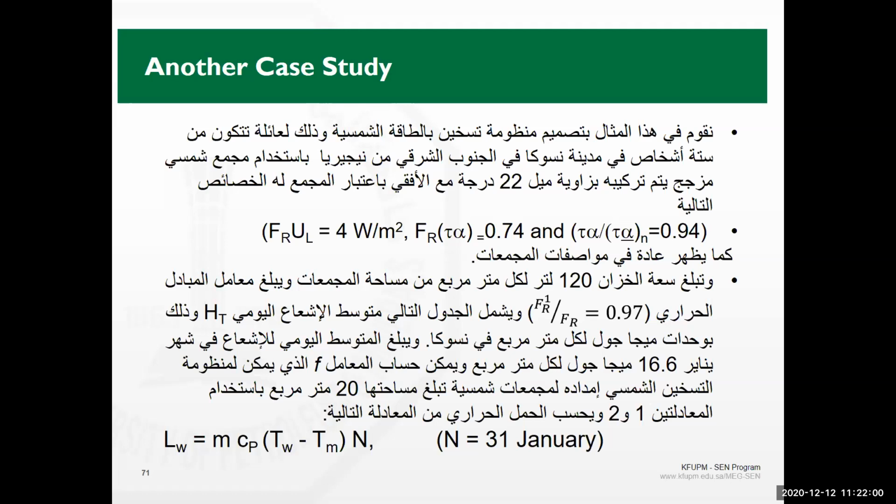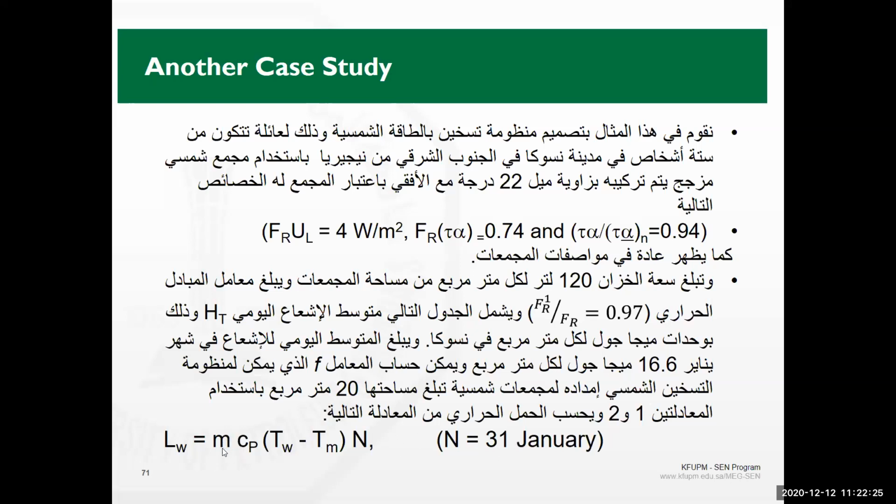And what we need to do here is to calculate the value of F, the solar fraction, that this unit can provide for solar collectors that are occupying 20 meters square using the equations that we had earlier. الحمل الحراري هنا بالنسبة لكل شخص is being calculated. We are taking January, 31 days, as an example.